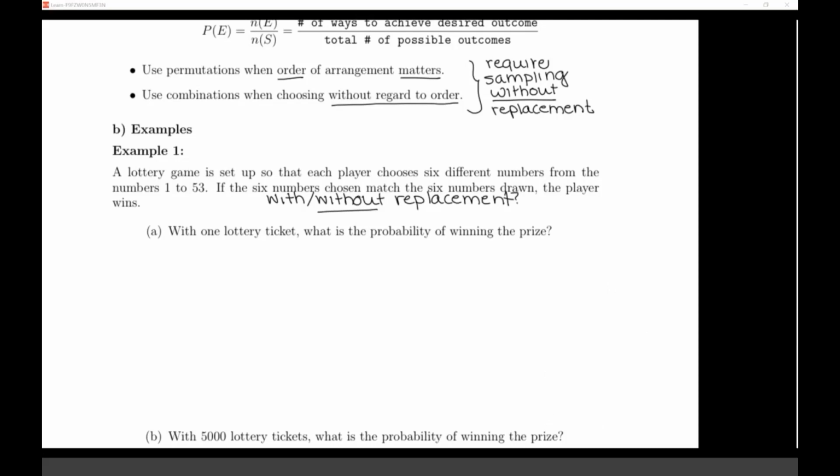And then take a look at the way this is written over here. If the 6 numbers chosen match the 6 numbers drawn, the player wins. Do they say anything about them needing to be in order? Okay, what do you think?